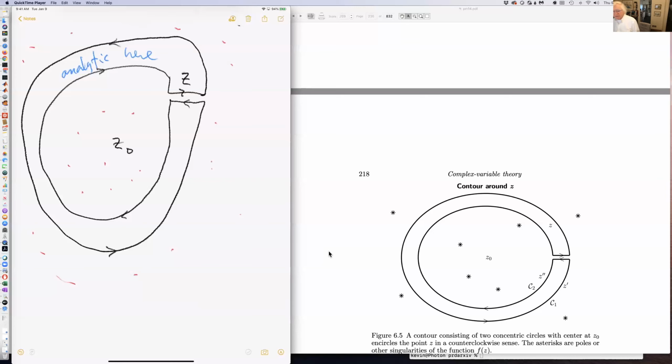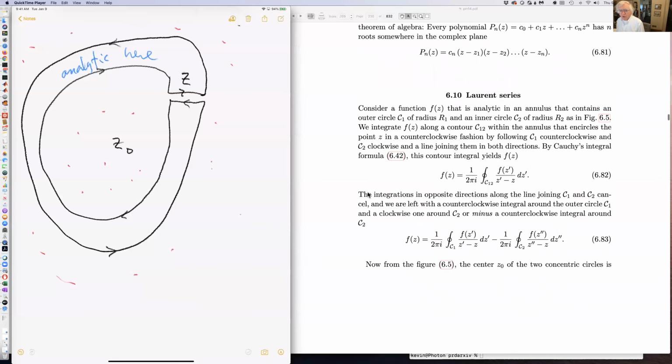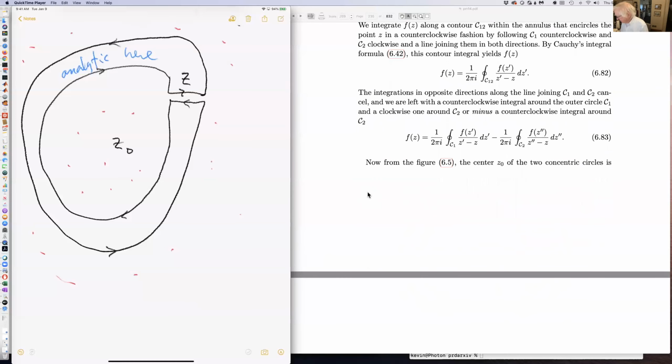We do the integral, as I said, along this contour, and now what are we going to integrate? We're going to integrate f of z prime divided by z prime minus z. Well, no, I'm sorry, I have that wrong.